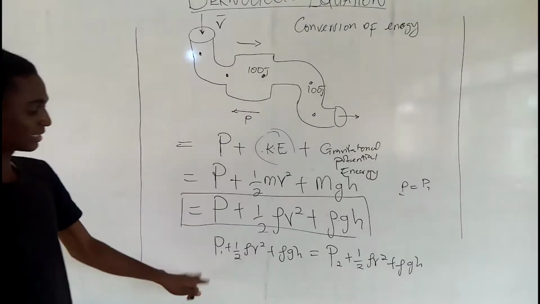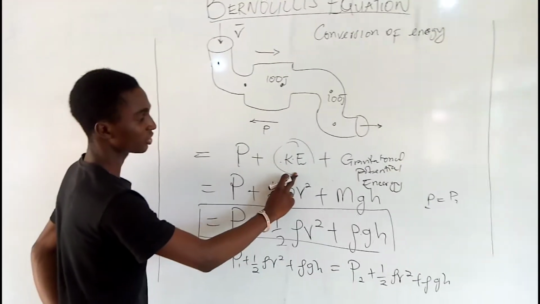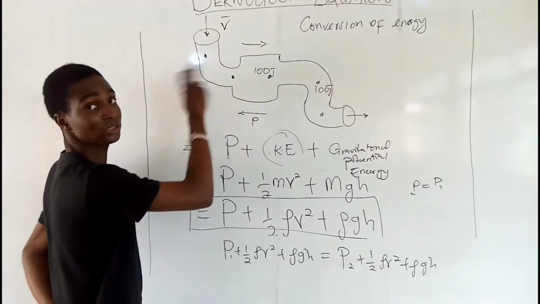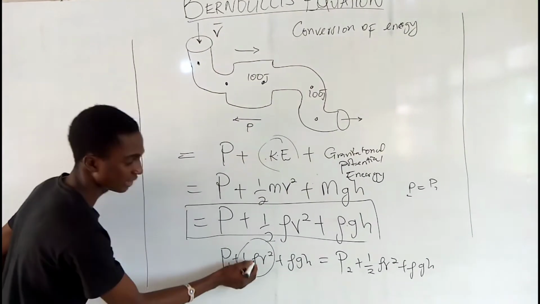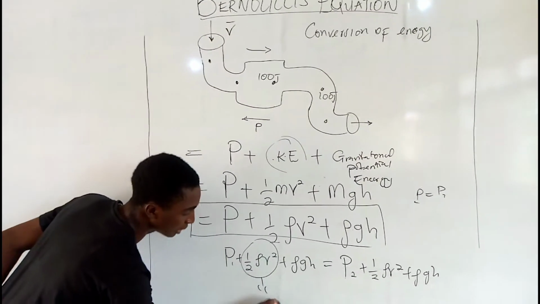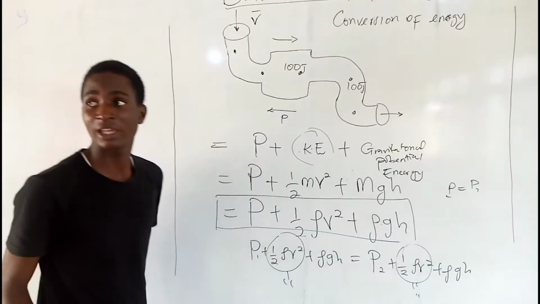While writing this, I want to suggest that since we are dealing with the law of conservation of energy, the energy remains constant at every point. That is, the half density v squared, the amount that we have here will be the same amount we have here.